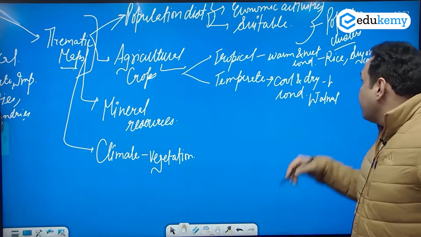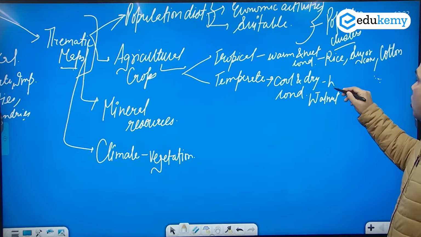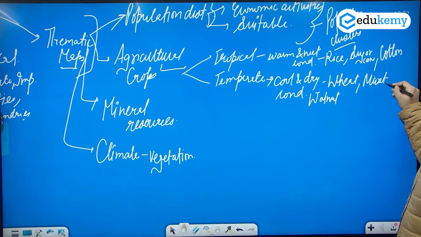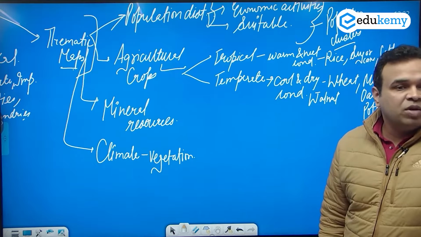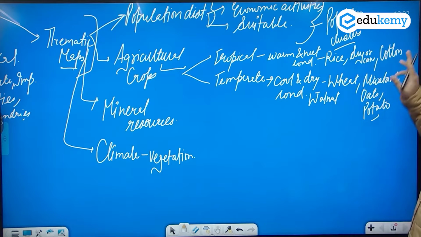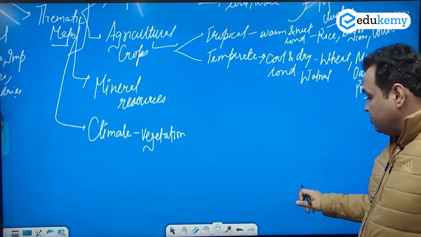Yes, cotton is a tropical crop. We also have wheat, mustard, oats, potato, and many more. खरीफ, राबी, ये सब तो आप लोगों ने पढ़ा ही होगा ना, या NCERT वगैरह में, ठीक है. So these are some of the crops that we are pointing out here.